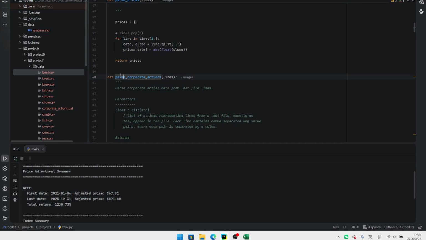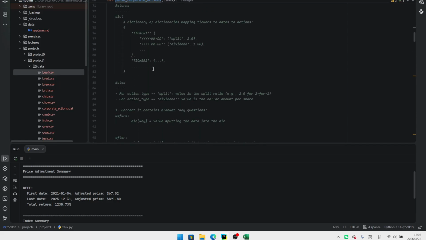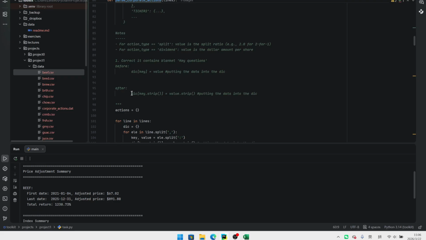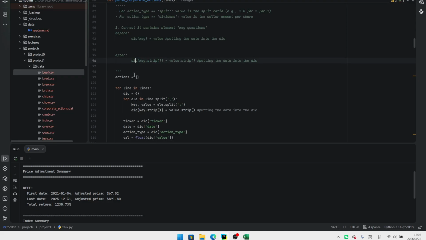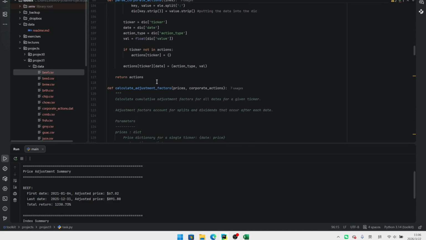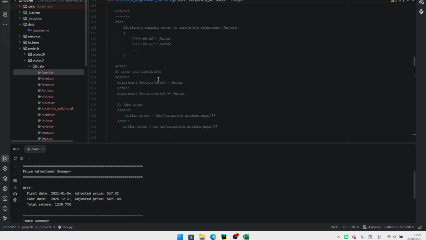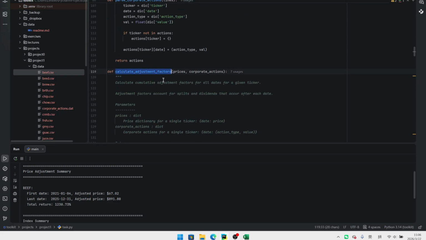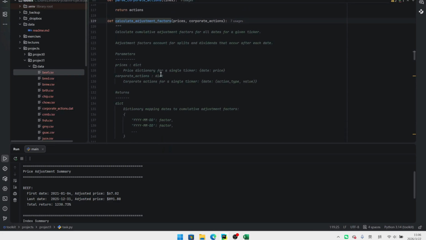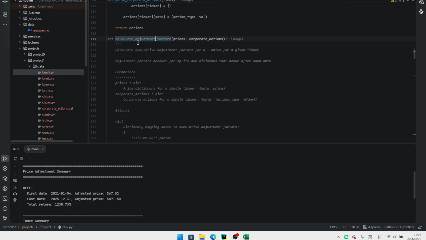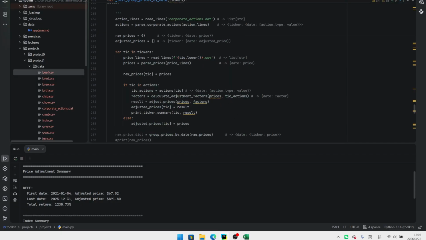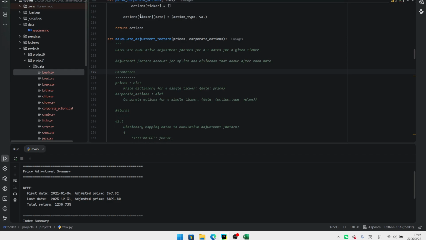And the second one is the various corporate actions. So this key question uses the strap. When I use a strap, the blanket will be adjusted, and then it's the cumulative adjustment factors. It relates to the calculation of the stock price.